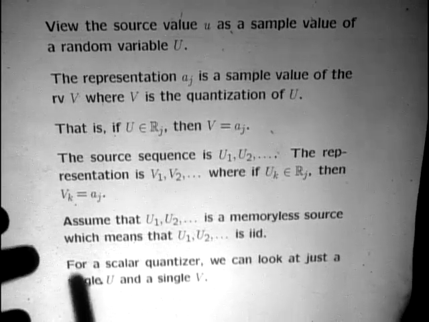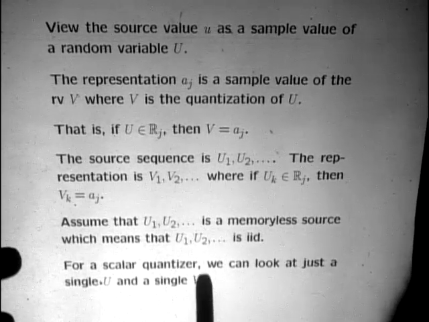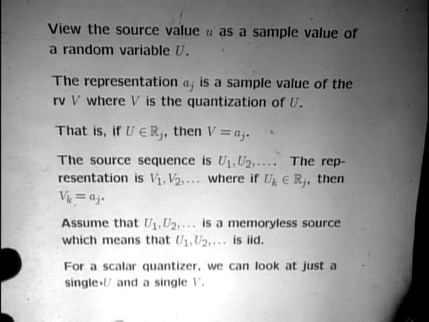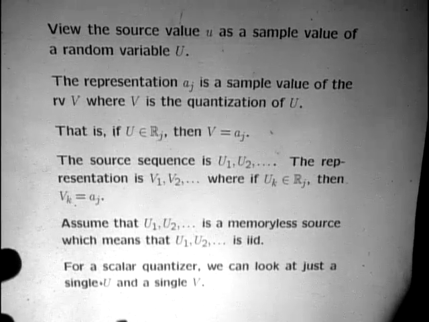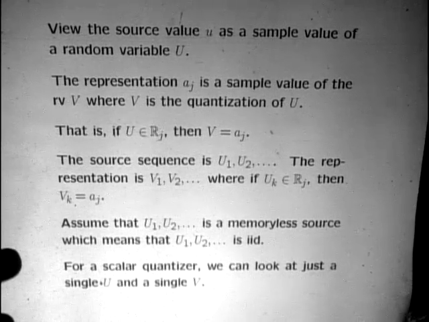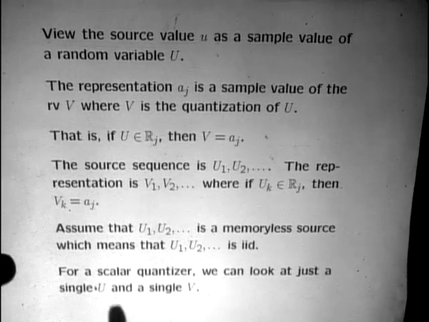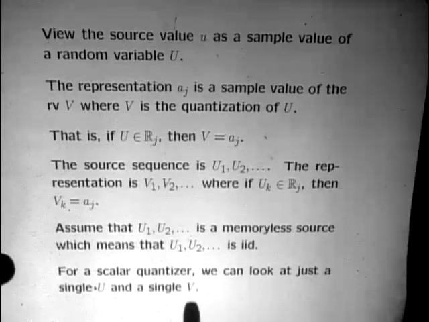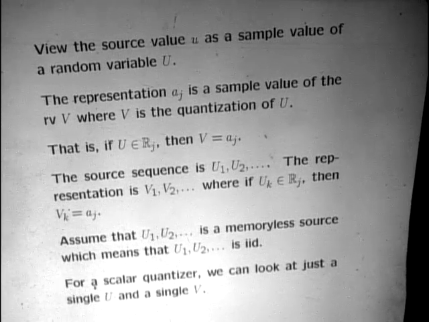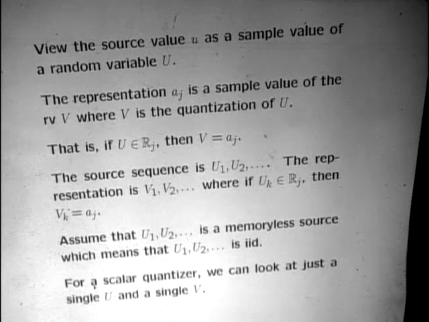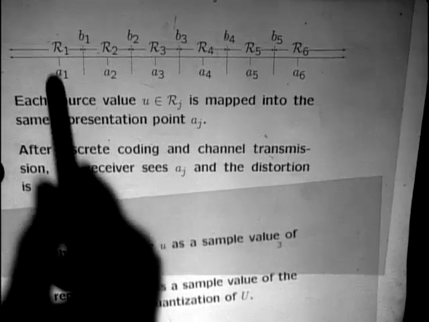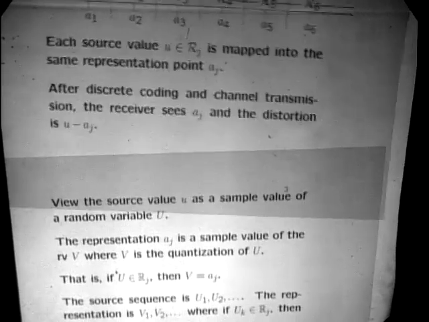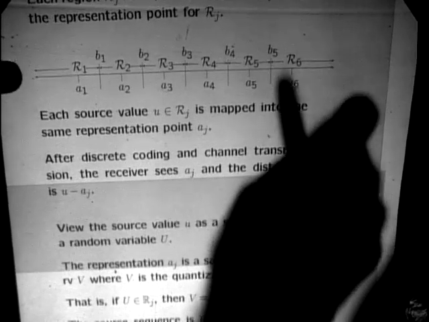Okay, so anyway, for a scalar quantizer, we're going to be able to just look at a single random variable u, which is a continuous valued random variable which takes values anywhere on the real line, and maps it into a single element in this discrete alphabet, which is the set A1 up to A6 that we were talking about here. So a scalar quantizer, then, is just a map of this form.